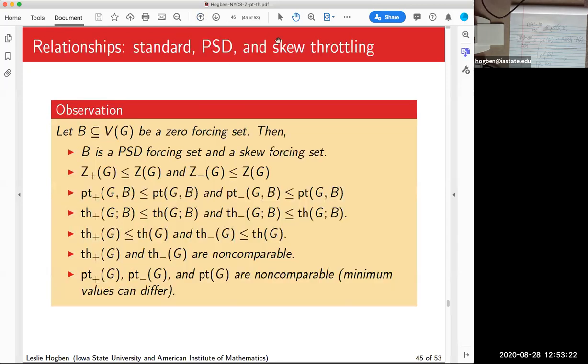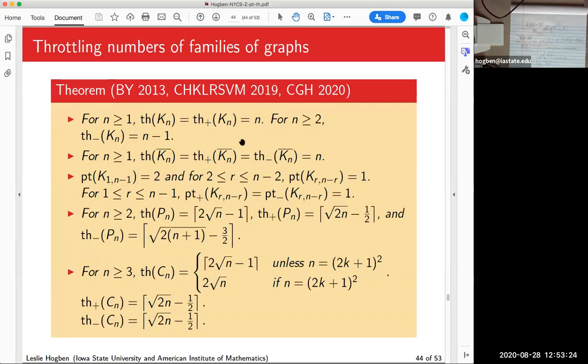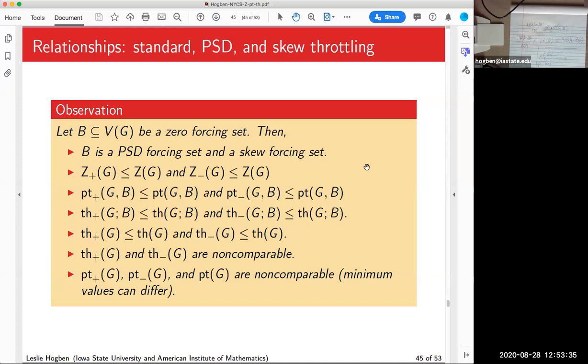And then we did have a couple of slides in here that I skipped over to do a little bit different order. This is the list for the families that I mentioned. And then here are some relationships. So a positive semi-definite forcing set and a skew forcing set.